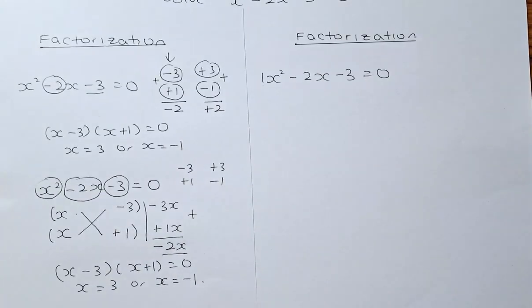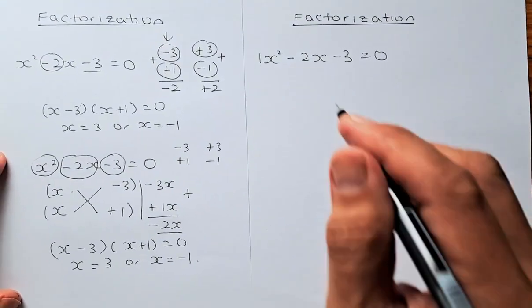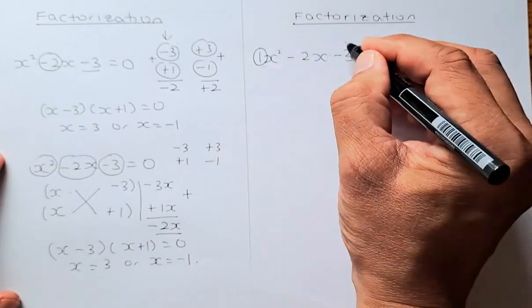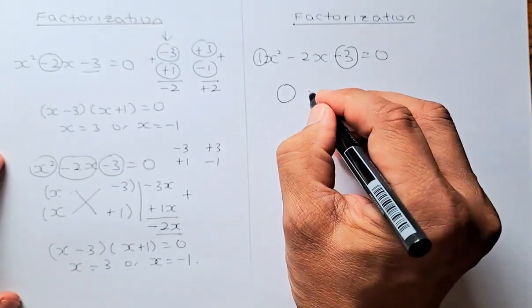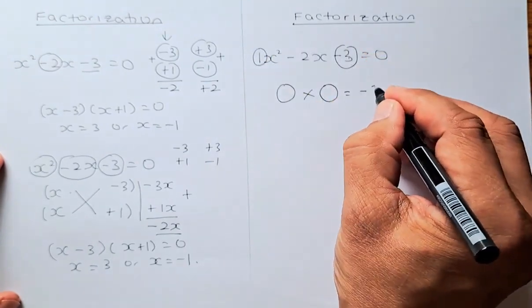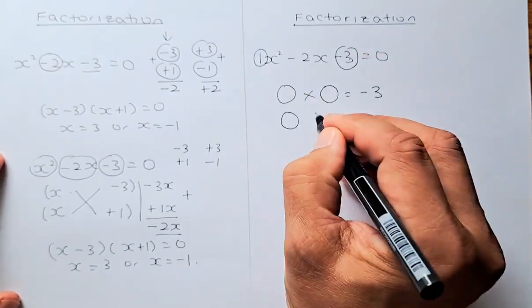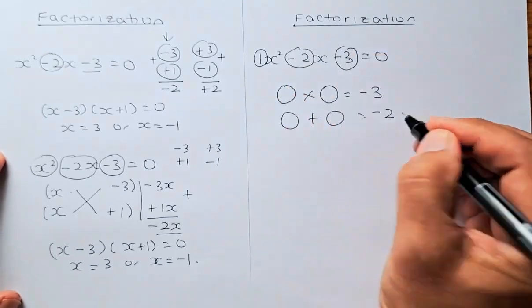The third method, which I think is quite common in New Zealand schools, is that you multiply this number with that number. So 1 times minus 3 is negative 3. You need 2 numbers that multiply to give negative 3 and add to give the middle number, negative 2.